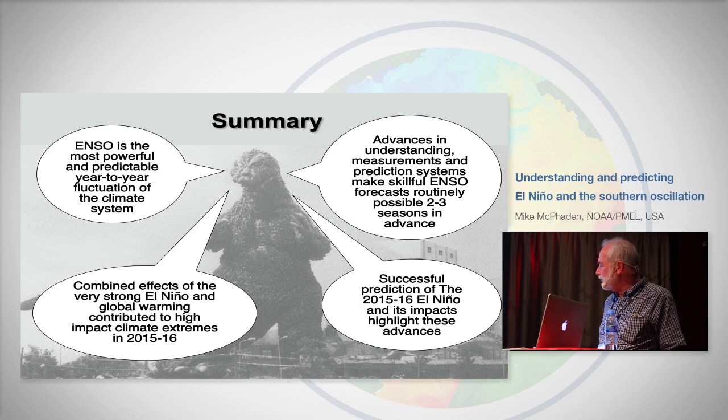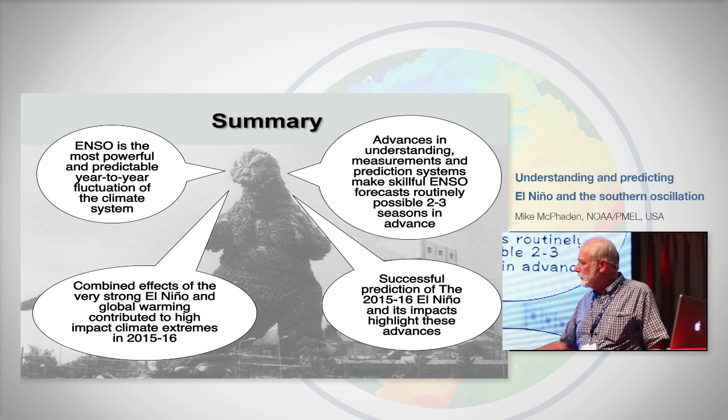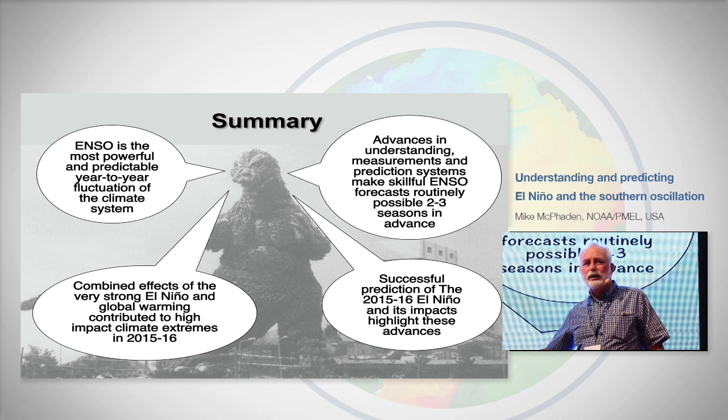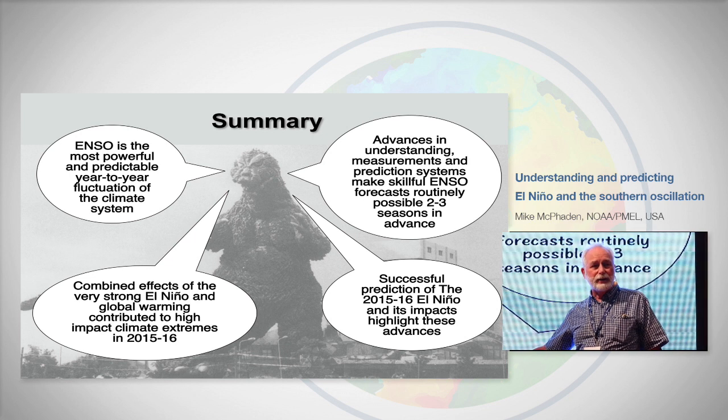Successful prediction of the 2015-16 El Nino and its impacts highlight these advances. And the combined effects of a very strong El Nino and global warming contributed to high-impact climate extremes in 2015-16. So even if we can't find the fingerprint of global warming on the ENSO cycle, the expectation is big El Ninos in the future, compounded with global warming, are going to have more extreme impacts.